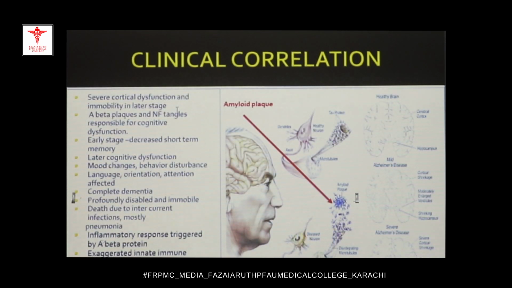This results in severe cortical dysfunction, mainly because of the A-beta amyloid plaques, and also there is a role of neurofibrillary tangles containing hyperphosphorylated tau proteins. In the early stage, there may be short-term memory loss, but later on, severe cognitive dysfunction with mood variation, behavioral changes, and language, orientation, and attention affected.